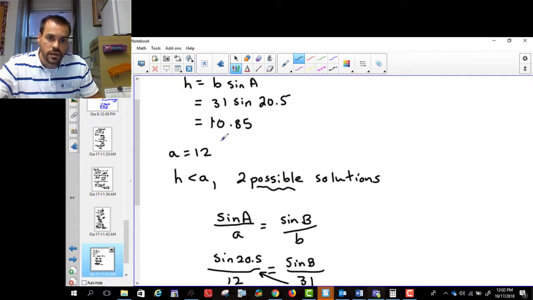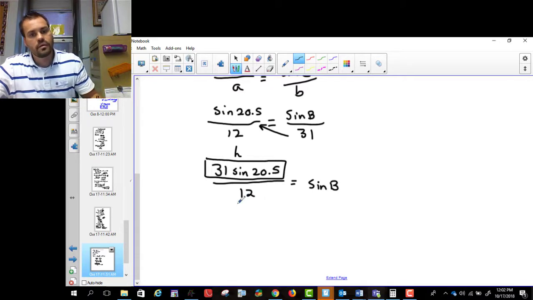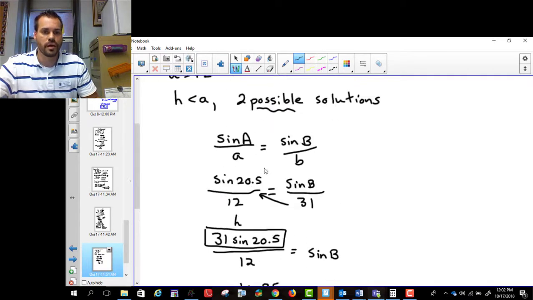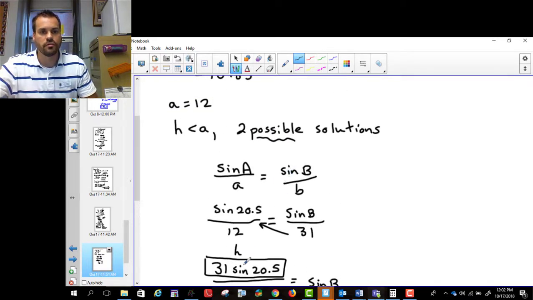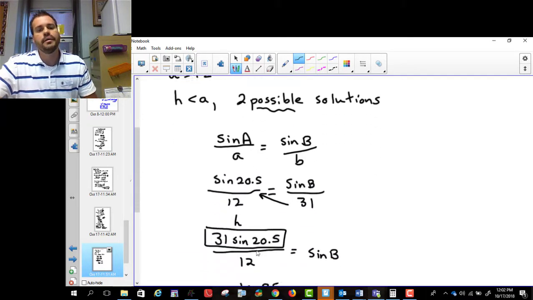So we're essentially testing that already, so we can just put in 10.85 over 12 is equal to the sine of B. So it's not actually more work because you have to find this anyway. But you find it first, and then if it's less than a, there are two possible solutions. If it's greater than a, we say there's no solutions, and if it's equal to a, then there's one.